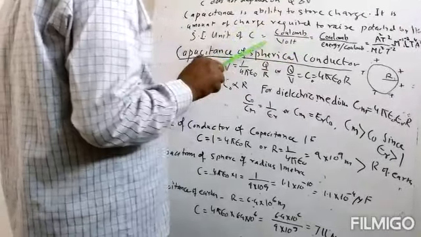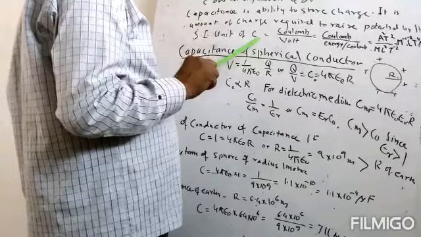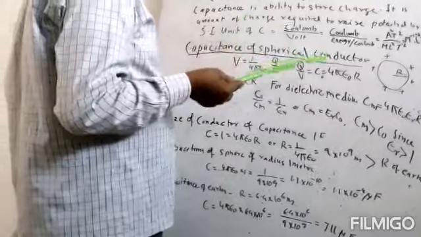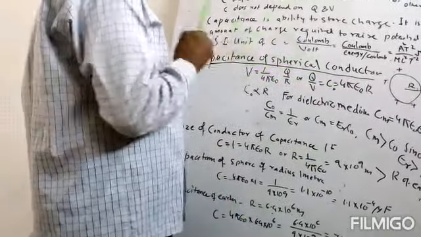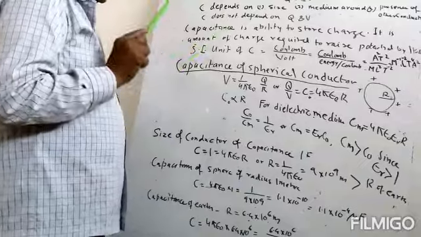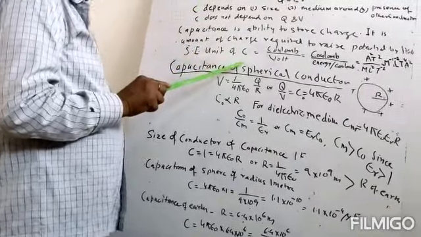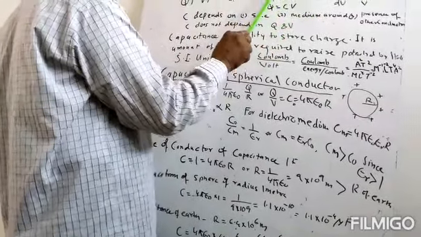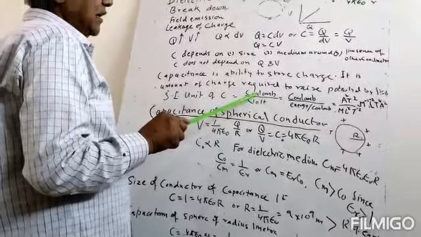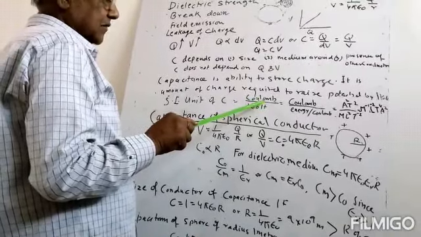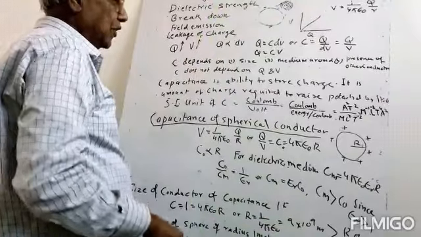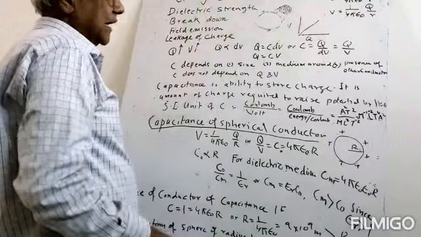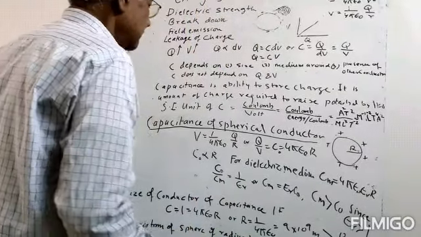1 farad is the SI unit of the capacitance. Now what is 1 farad? We can define 1 farad for the conductor. 1 farad is the capacitance of a conductor if we give 1 coulomb charge to the conductor and the increase in its potential is 1 volt, then the capacitance of the conductor is 1 farad.